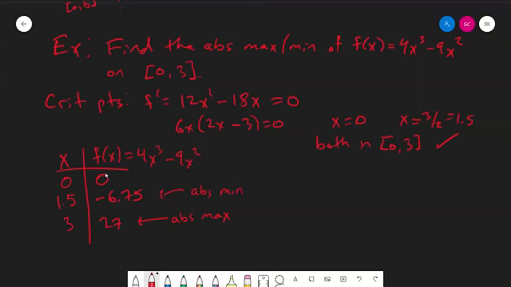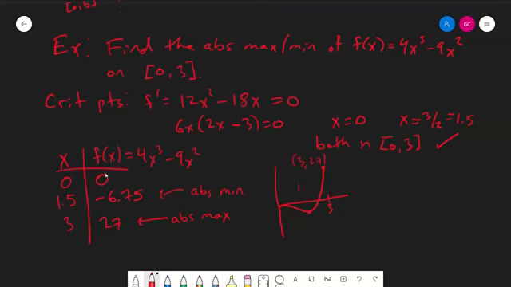Then if you were to look at the graph of this, what you would see is that the graph kind of dips down below the x-axis and then increases like this. We're stopping the graph here at x equals 3, so this is that point (3, 27).